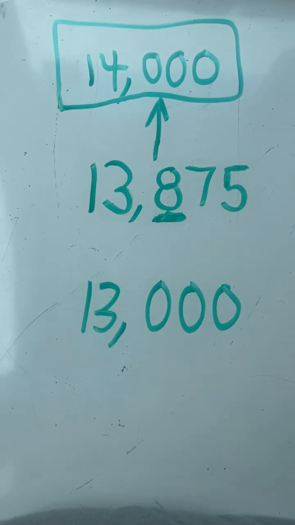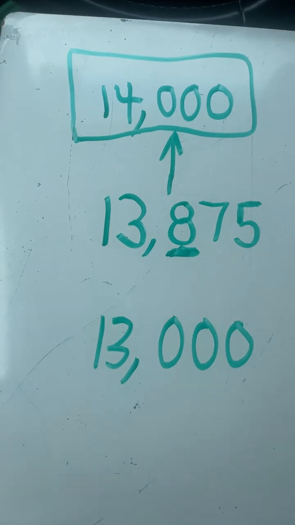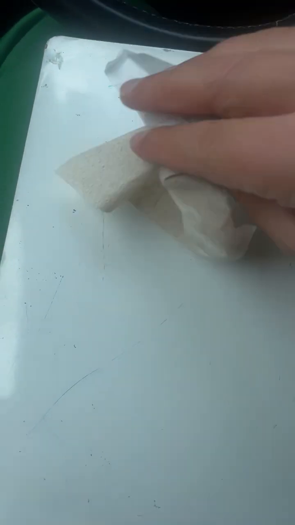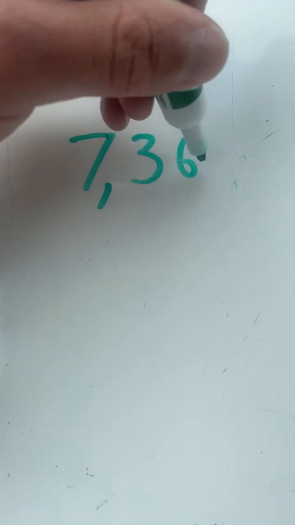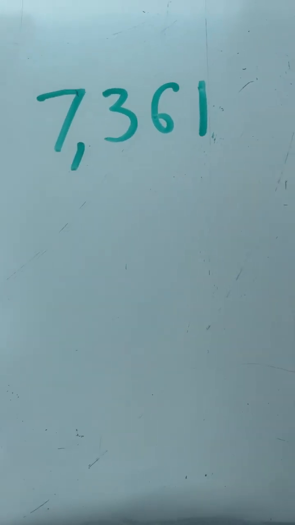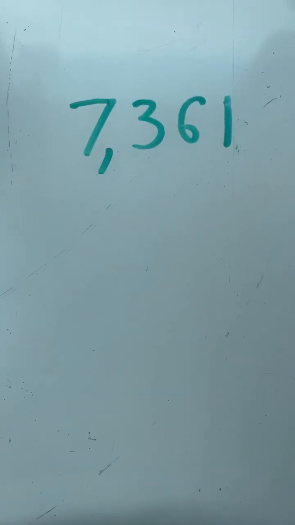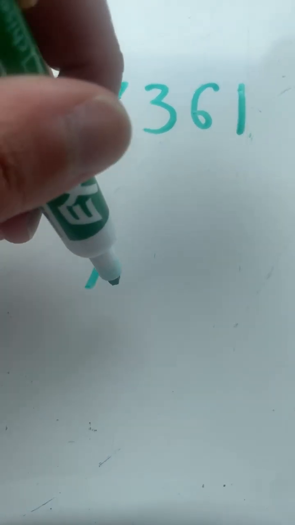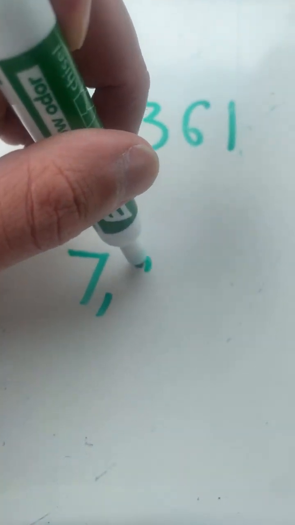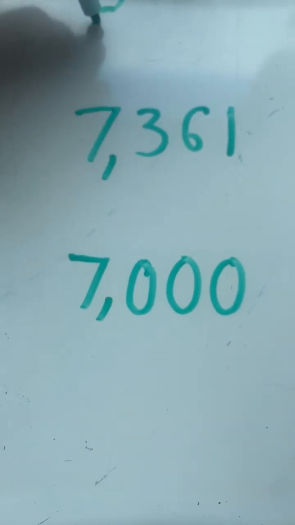I'm going to do one more before we call it a video. All right, so we have 7,361 here. We have to round to the nearest thousand. 7,361 is either closer to 7,000 or 8,000.